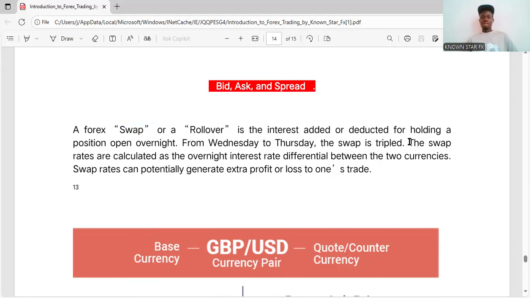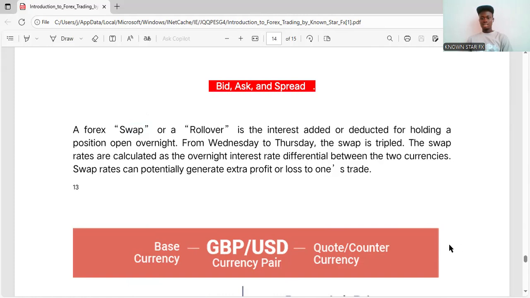The swap rates are calculated as the overnight interest rate differential between the two currencies. Swap rates can potentially generate extra profit or loss to one's trade. I hope that's very clear and understandable.